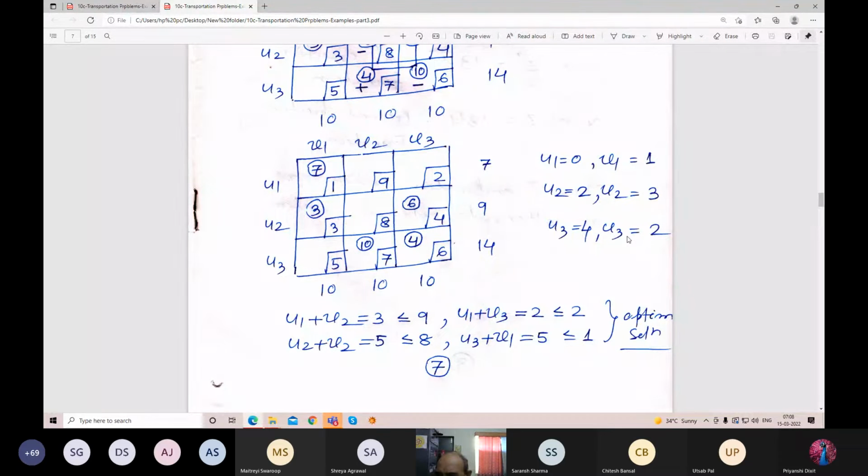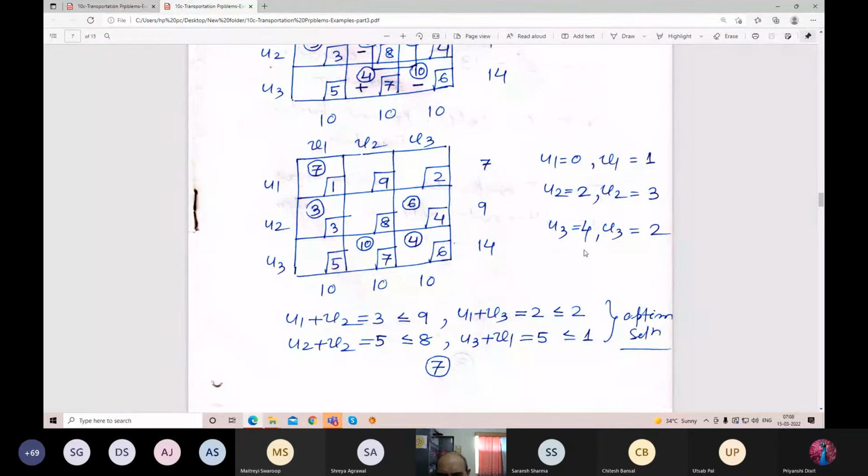So since B3 equals 2, we have U3 equal to 4. Once U3 is 4, U3 plus B2 is 4 plus 3, that is 7. So B2 equals 3. So we have got U1 equal to 0, U2 equal to 2, U3 equal to 4, B1 equal to 1, B2 equal to 3, and B3 equal to 2.